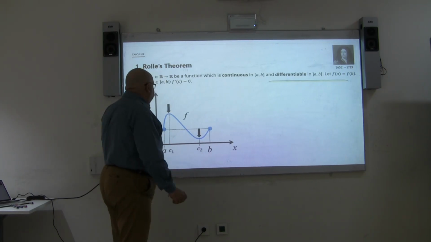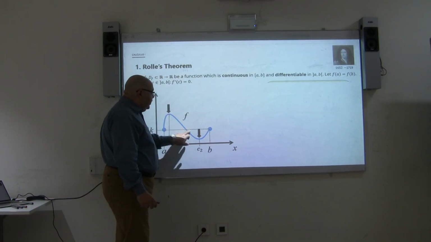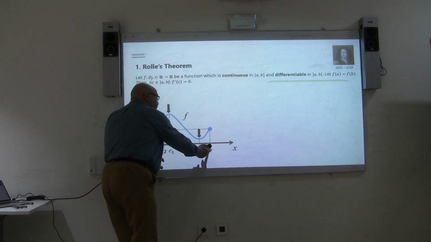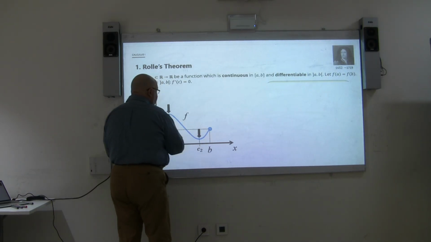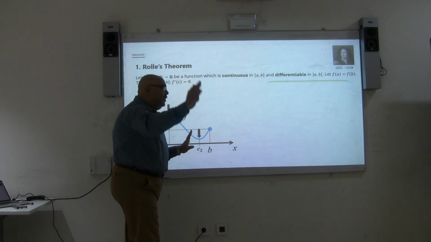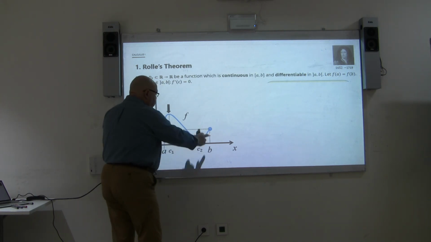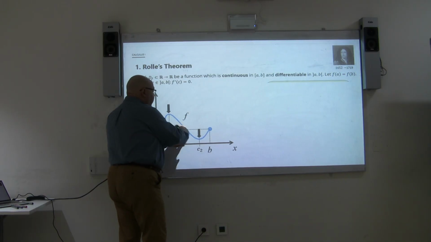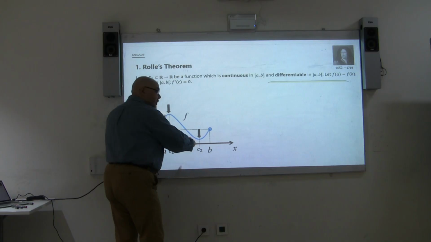Which means if you have a function f which is continuous and differentiable on a certain interval [a,b], and the value of this function at the beginning and at the end are equal to each other, then there must be c belonging to this interval where f'(c) is equal to 0, like this or like that.